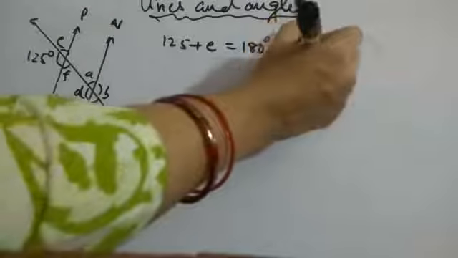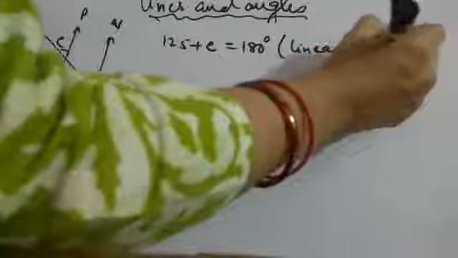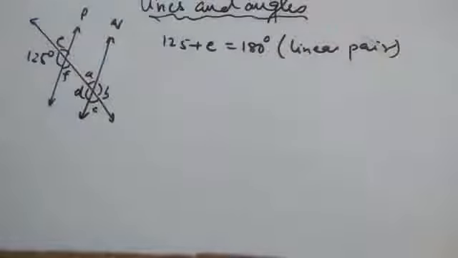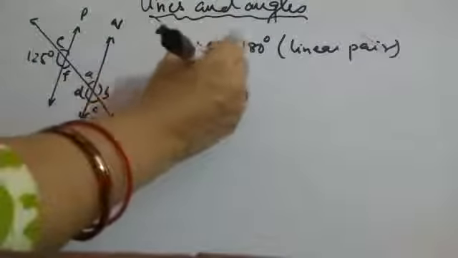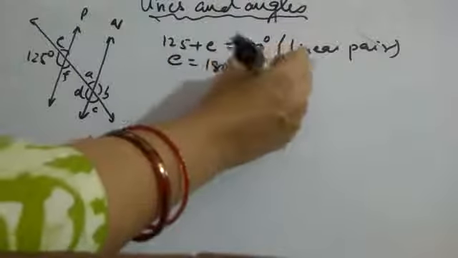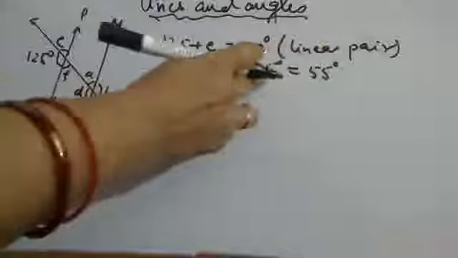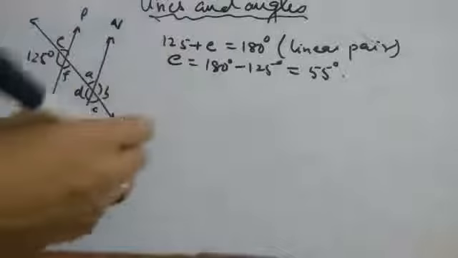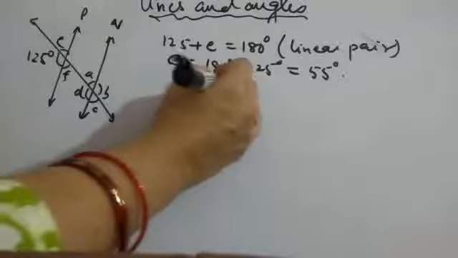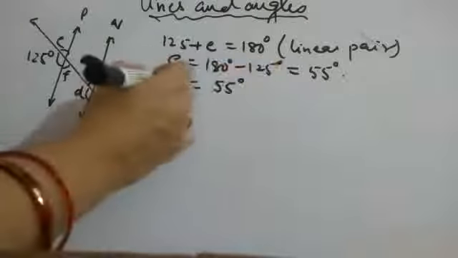The first thing we can do is 125 plus E will be 180 degrees, a linear pair. These two form a linear pair. So E will be 180 minus 125, that is 55 degrees. So E is 55. Now F is also 55 because E is equal to F is equal to 55.